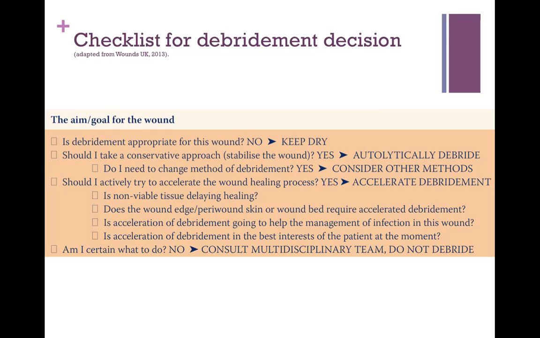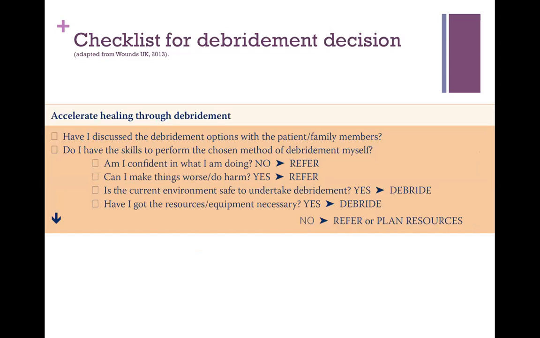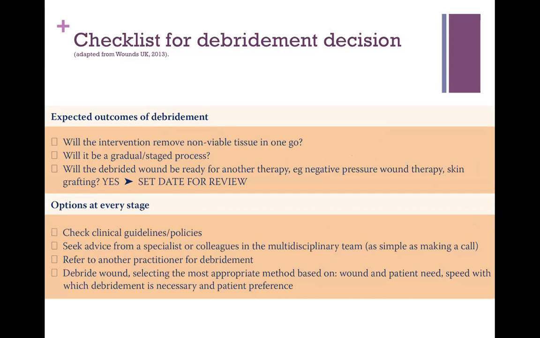If not, then it's better to consult a multidisciplinary team. How do I accelerate healing through debridement? Have I discussed the debridement option with the patient's family members? Do I have the skills to perform the chosen method of debridement myself? What are the expected outcomes of debridement? Options at given stage.